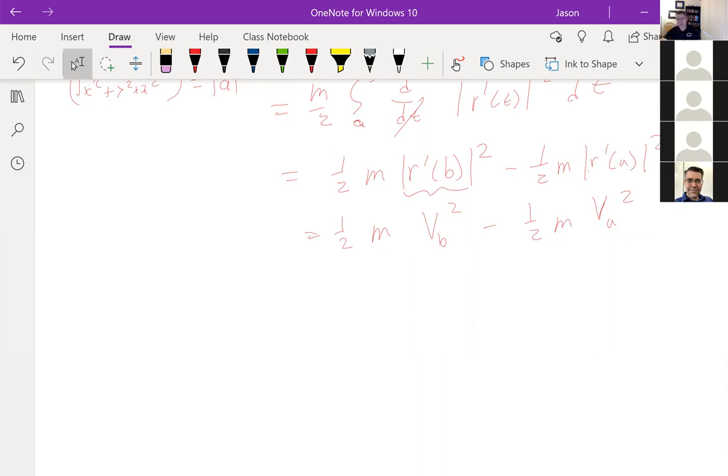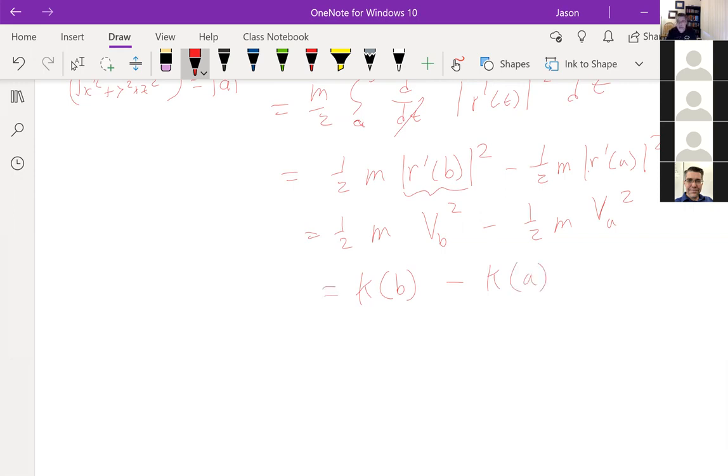Any ideas? Long says kinetic energy. Yeah, exactly. Armando says kinetic. Yeah, exactly. 1/2 m v squared. That's kinetic energy. So this is the kinetic energy at point B minus the kinetic energy at point A.